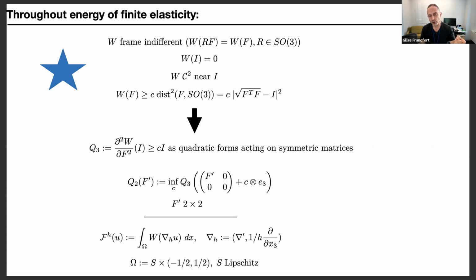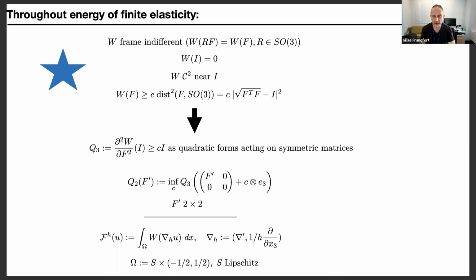And then I'm going to call Q2 what I wrote here. So I'm adding a third column to F prime, and I'm minimizing over all possible third columns. So C is a vector in R3.